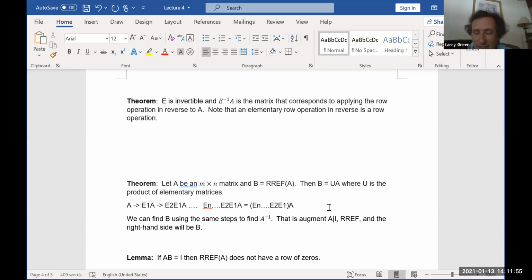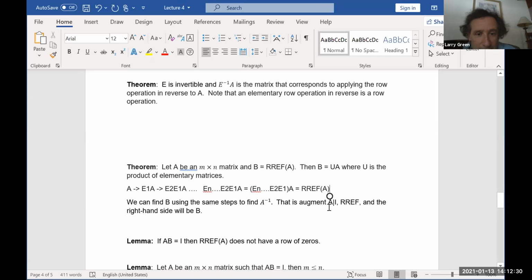You can't switch the order, but you can switch the parentheses around. Any questions on that? And there's our proof. We just found a product of elementary matrices times A, and you got RREF of A, because that's how you do RREF: you do one elementary matrix at a time. Any questions on that?